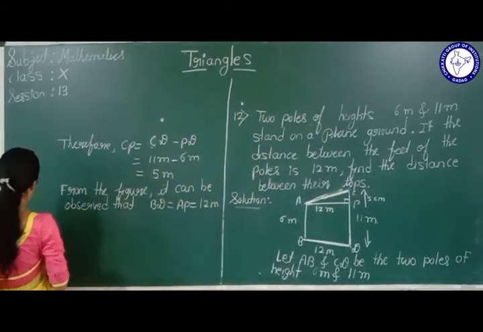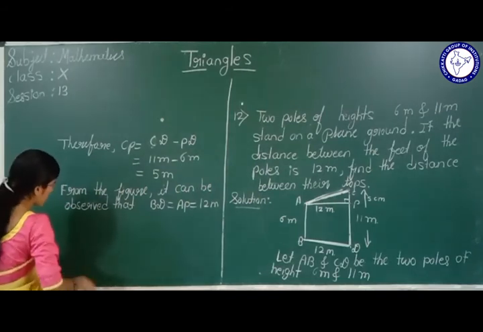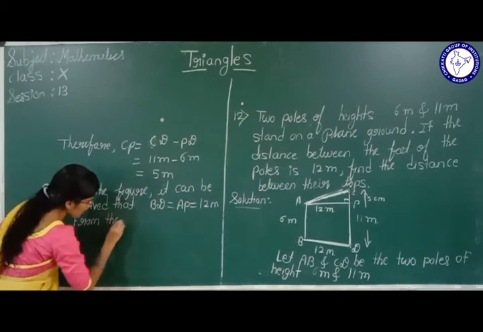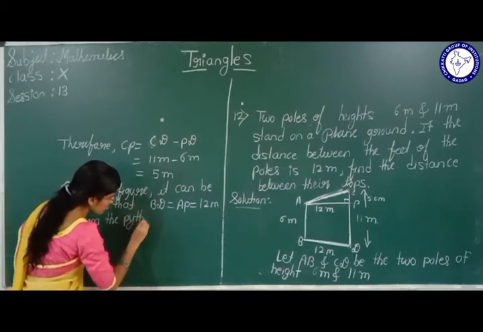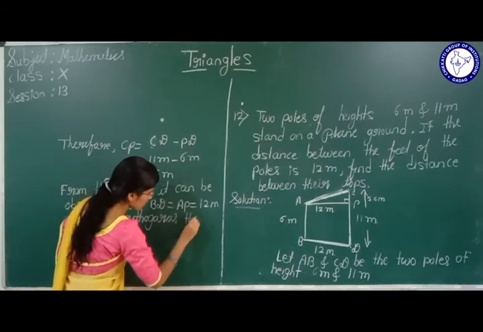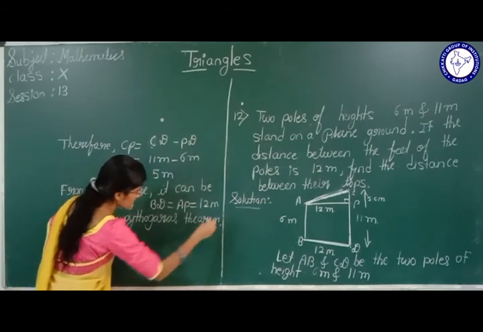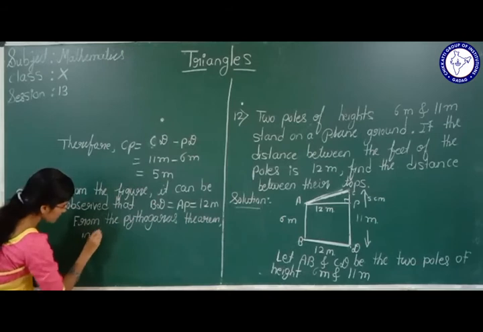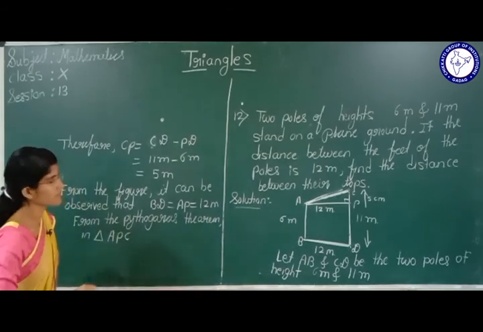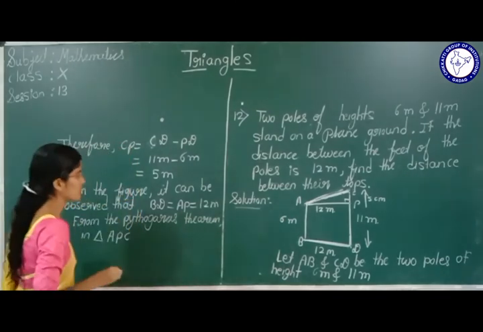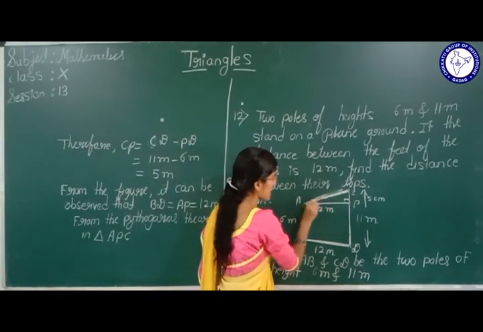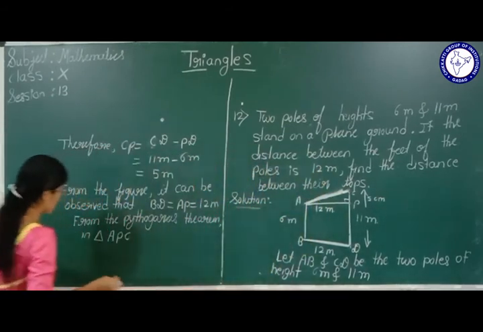See here, from the Pythagoras theorem, in triangle APC. Say angle P is 90 degree means here side AC will be the hypotenuse.